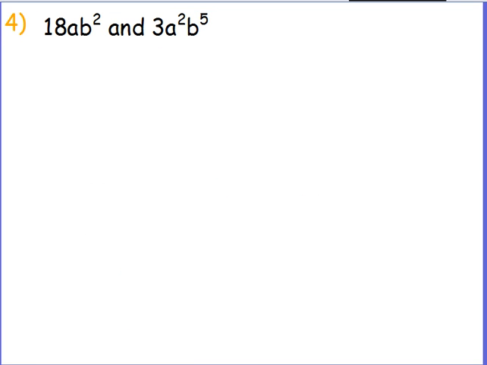Okay, for this example, let's try it a little bit in a quicker way. I have 18 times A times B times B. And then I have 3 times A times A times B times B times B times B times B. Okay, first let's start with numbers.